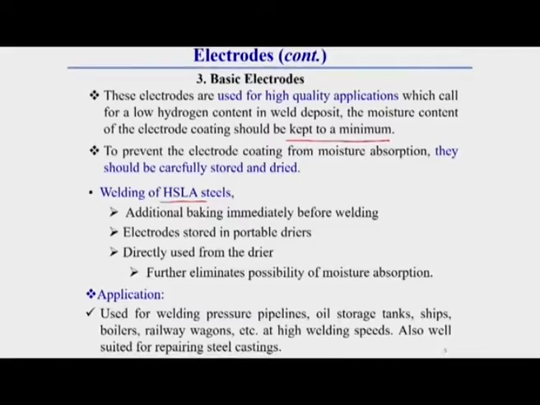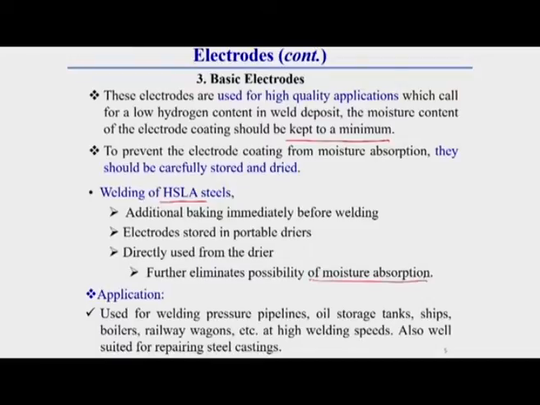That's why, once we go for using HSLA, this type of drying operation is done immediately before welding, so that the moisture absorption will be removed and the weld quality will be very good. That's why in this case the HSLA electrode is used directly from the dryer, which further eliminates the possibility of moisture absorption.